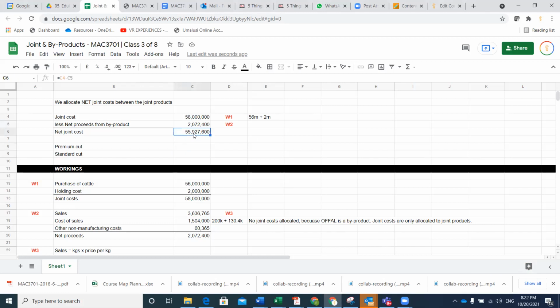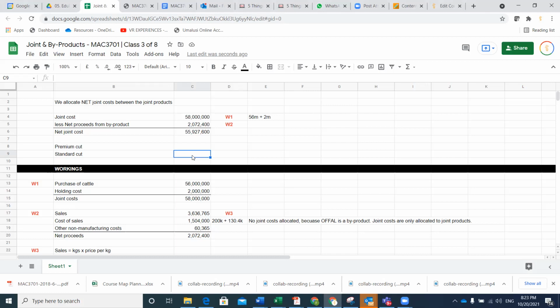How much we allocate must ensure that we maintain the standard gross profit percentage. They never gave us the standard or the constant gross profit percentage. If they gave it to us, it would have been very easy, but they never gave it to us. So we first have to work out what is the constant gross profit.